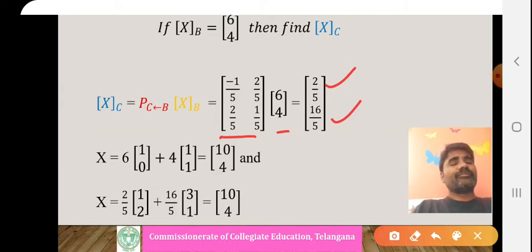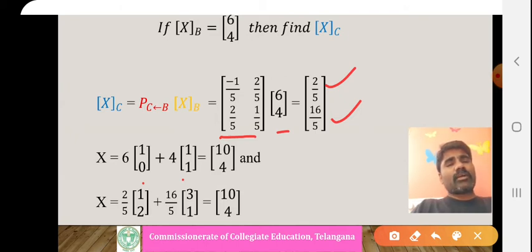Now let us check. Actually we don't know what x is here. The x coordinates with respect to basis B are 6 comma 4. That's why x can be written as 6 into B1, 1 comma 0, and 4 into B2, 1 comma 1. Actually that x is 10 comma 4. For the same x with respect to the basis C, the coordinates we are getting are 2 by 5 and 16 by 5. Now we can write like this.